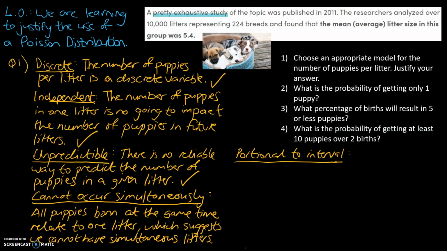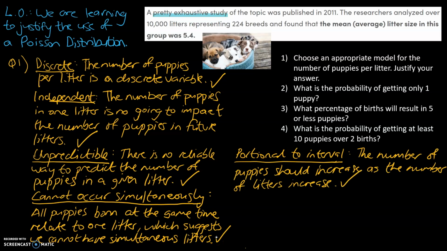So the more litters we have, the more puppies we would expect. What I've written is that the number of puppies should increase as the number of litters increases. That demonstrates it is proportional to the interval we're looking at.